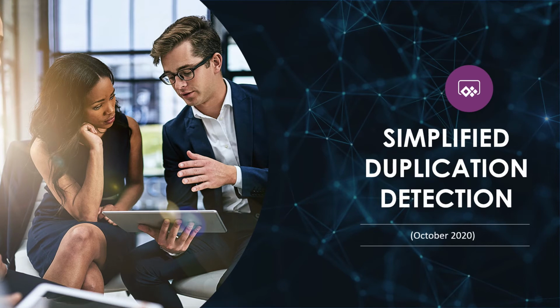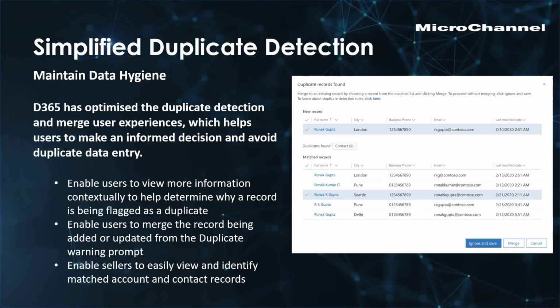Quite often you set up a duplicate detection rule and you go through the process and you enter a contact or an account and you're presented with a screen which you're not really sure what that information actually means. Microsoft have simplified that a little bit for us and for the users to enable us to really see the information that's pertinent on the screen when we're doing those processes.